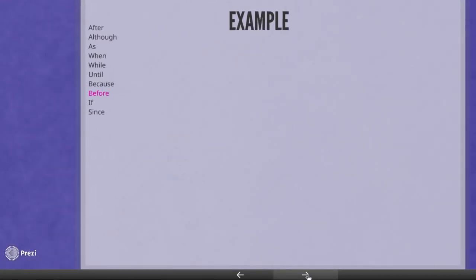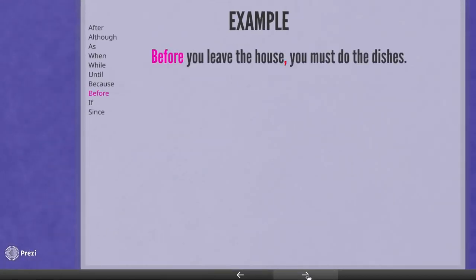Here's another example. Before you leave the house, you must do the dishes. So for this sentence pattern, we have our dependent clause at the beginning of our complex sentence, before you leave the house.